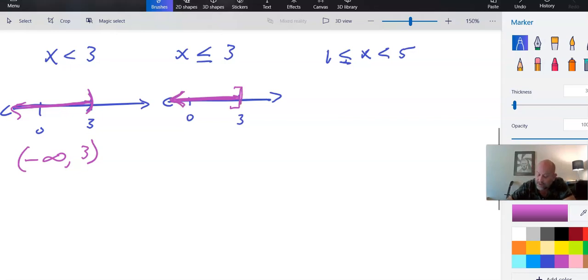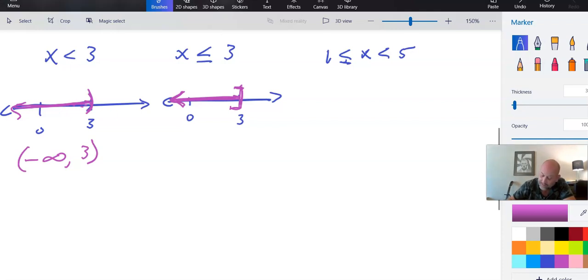This time, 3 itself is part of the solution, and that's actually what that square bracket means. It means 3 is a solution. The round bracket means 3 is not a solution. So you can get as close as you want to 3, but you can't hit 3. You get 2.9, 2.99, 2.99999. As long as you don't hit 3, it's still a solution. But as soon as you hit it, it's gone.